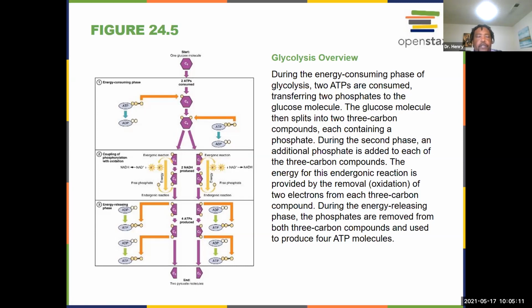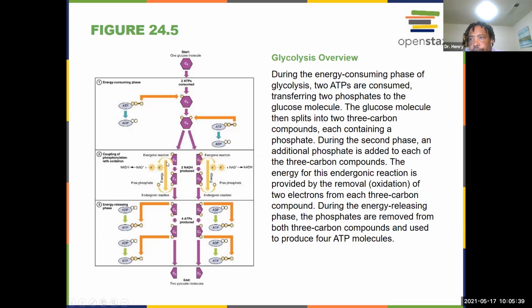NADH is like an electron transporter, so it's going to be bringing in electrons. When it's NADH, it has the electrons. When it's just NAD plus, it doesn't have the electrons, and so it's able to capture the electrons and transport them, okay?